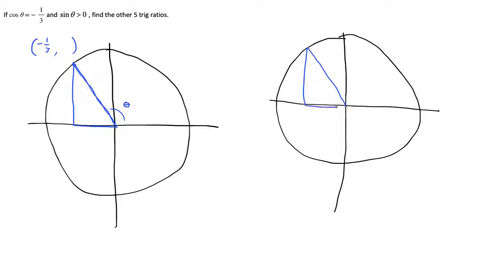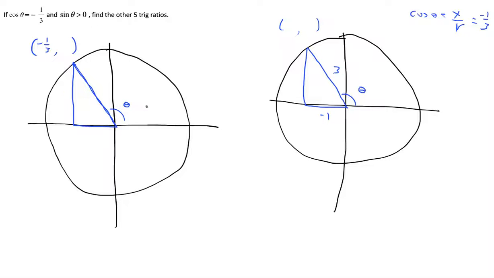But instead of calling this coordinate negative 1/3, remember, cosine, we can call it equal to x over 1, which we did in this case, or we can call it x over r, right? Which is negative 1/3. So that means this point here could be negative 1, and this could be 3, right? Because cosine of theta is still equal to negative 1/3, and we want to find this guy.